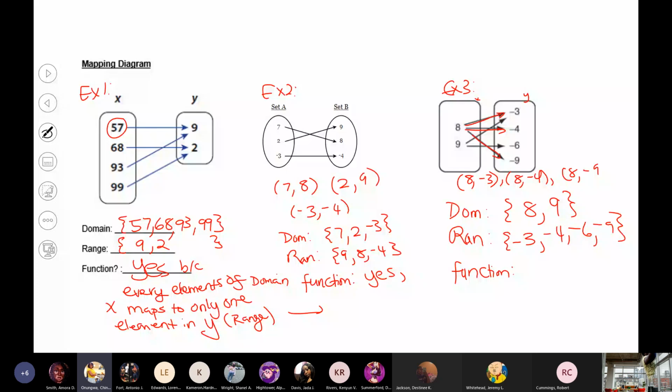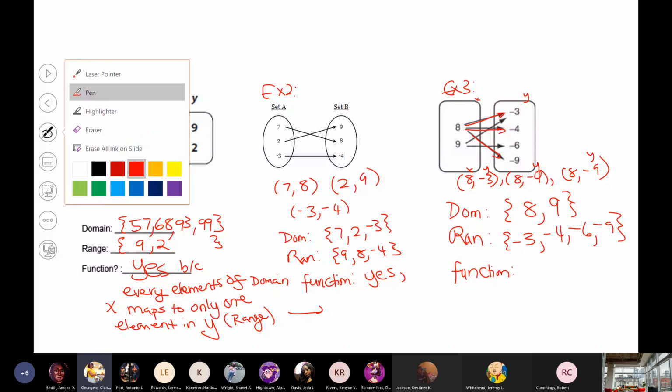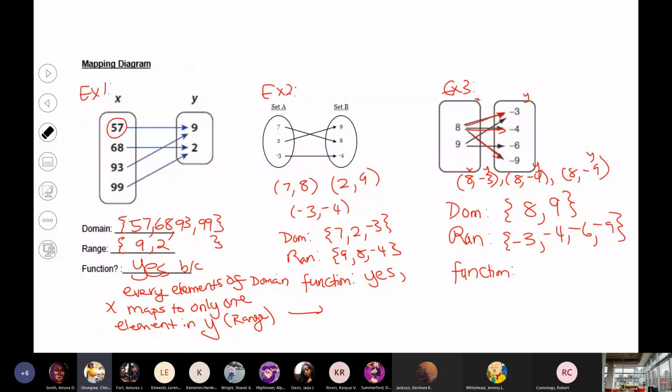That means I have three different outputs. When my x is 8, I have three different outputs. My y's will be -3, -4, -9. I can't do that if I want a function. So no, it's not a function because 8 has to map to only one thing. An arrow from 8 has to map to only one thing.